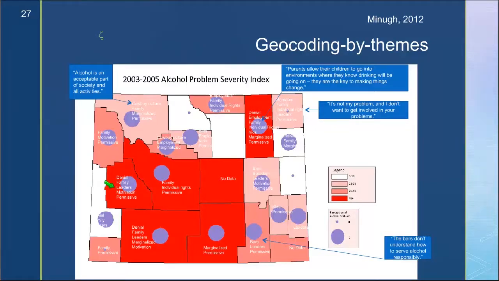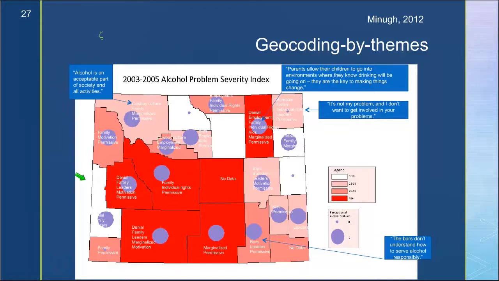So she's overlaying qualitative results, again, by region. In addition to, you'll see around the edges, some illustrative quotes. So the bars don't understand how to serve alcohol responsibly. So keep in mind, this is an excerpt from a much larger report, but it communicates so much information, which is what I think is powerful about this joint display, for instance, and why it's definitely one of my favorites.